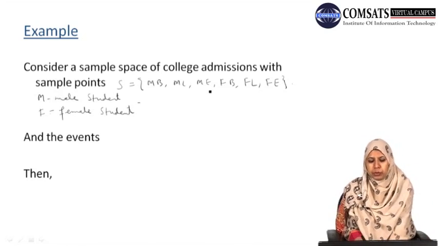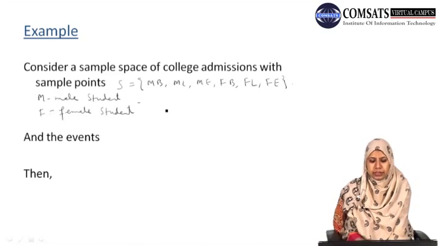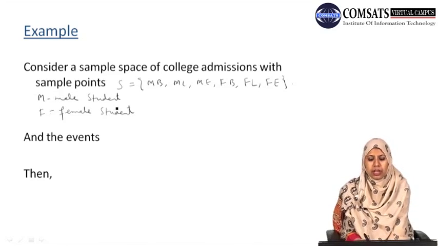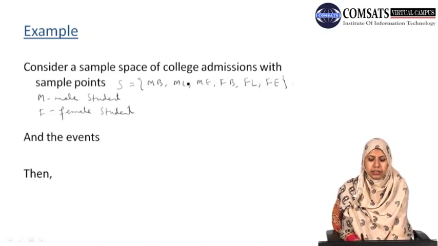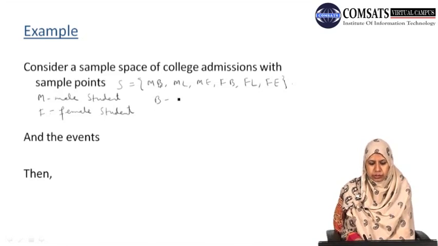Actually, we have formulated our sample space taking into account two things, the sex of the students and the subjects in which they have taken admission, where B is the business course, L is the law course and E is the engineering course.